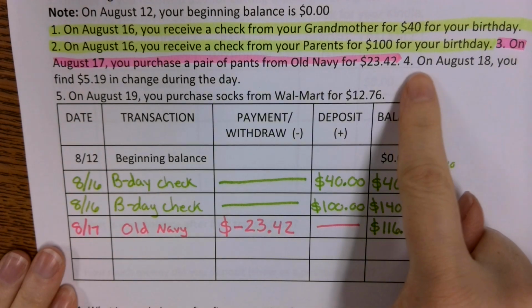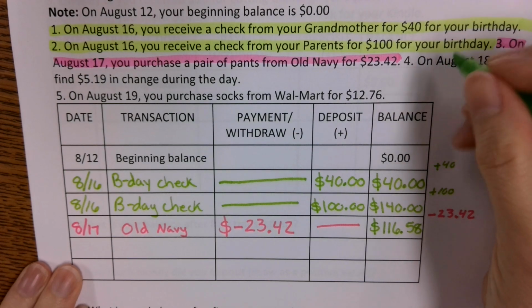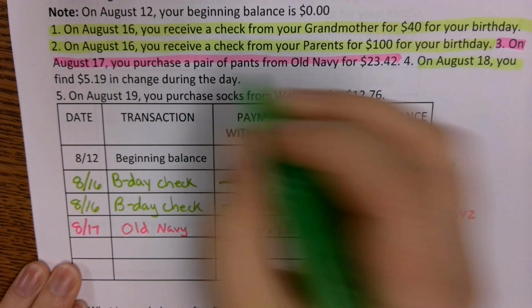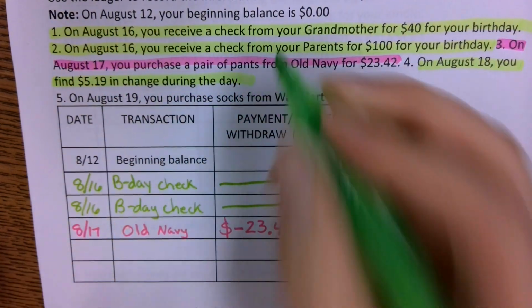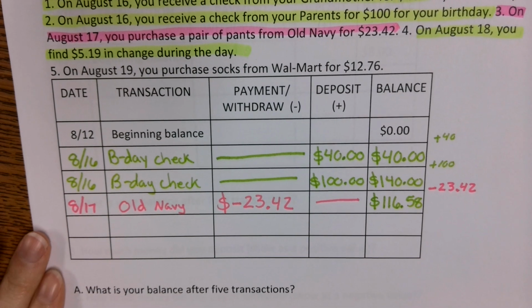For the next line of our transaction, it says on August 18, you find $5.19 in change during the day. So is that going to get a positive or negative? Positive. Okay, so we're going to deposit that into our account. I know a lot of you would be like, well, it's just change, I'm just going to keep it in my pocket.